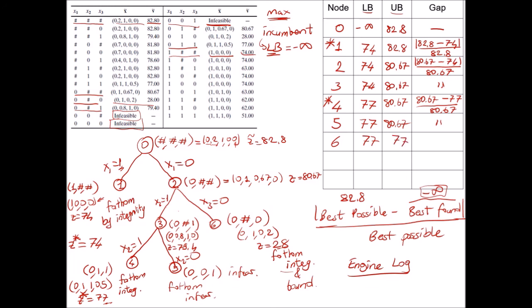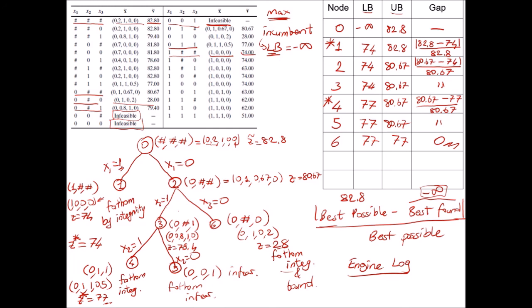It will be 77. And when all nodes are fathomed in the branch and bound tree, your gap will be 0. Every time in a branch and bound tree, when you finish the algorithm, your gap value will be 0. It means that you found the optimal solution. Okay, it is very important. The final gap is 0.